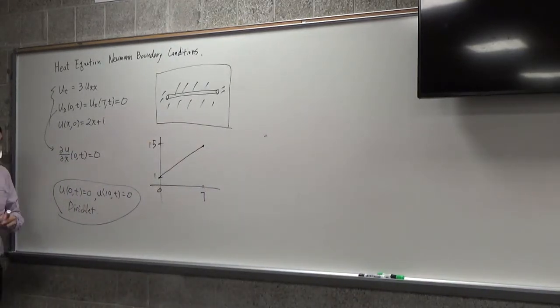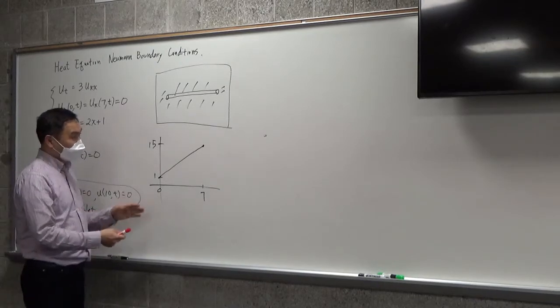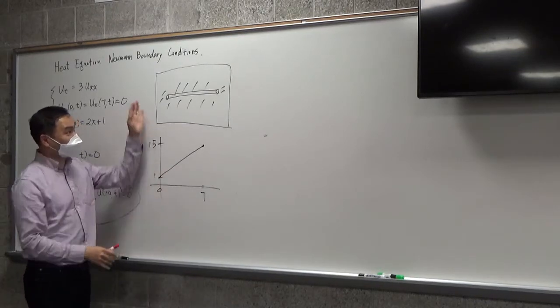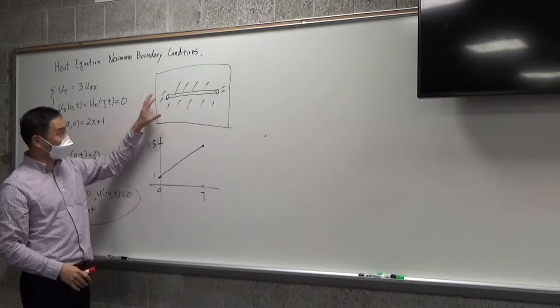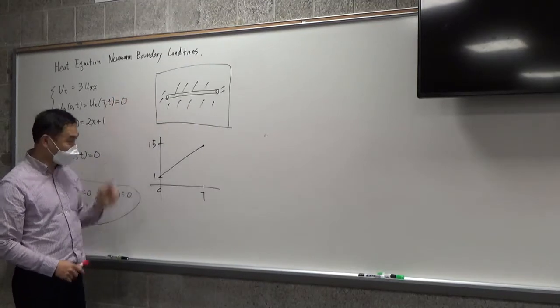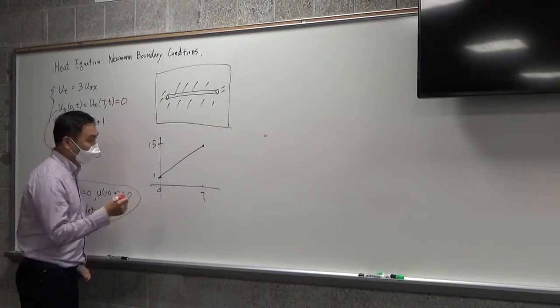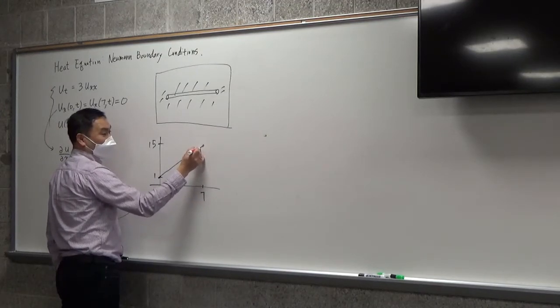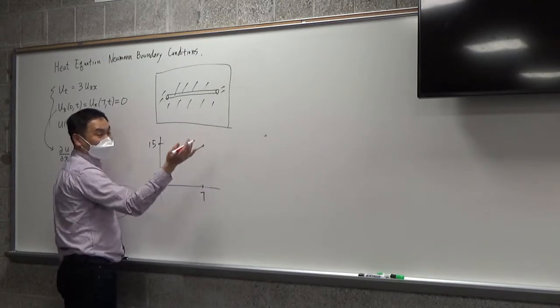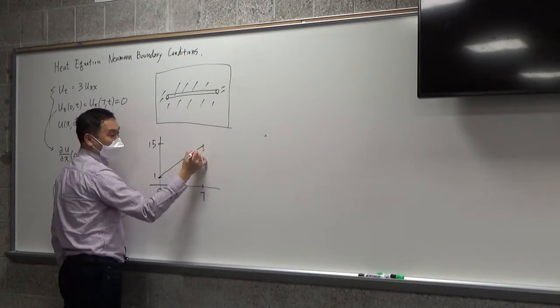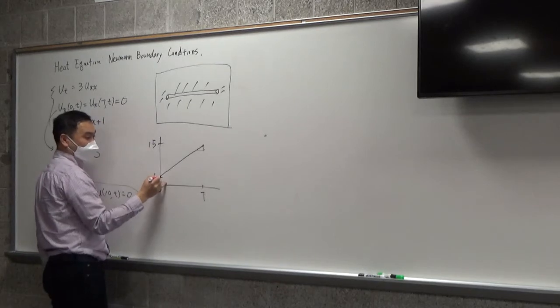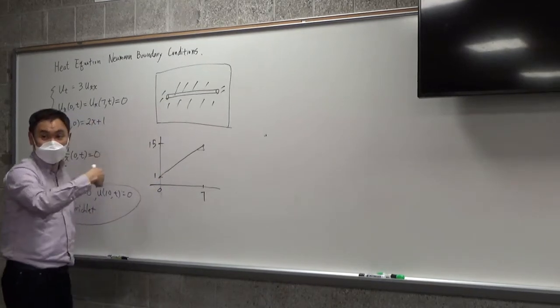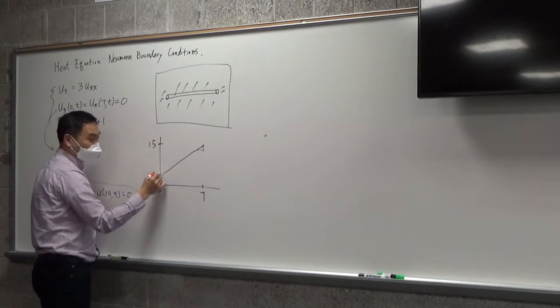So if this is what it is and it's insulated completely around it, then what's going to happen at this endpoint is that this point has a lower temperature on the left side but there's nothing else, so this is going to go down, right? Same thing here. This one has higher temperature on this side, so heat will flow in this direction, so it's going to go up.